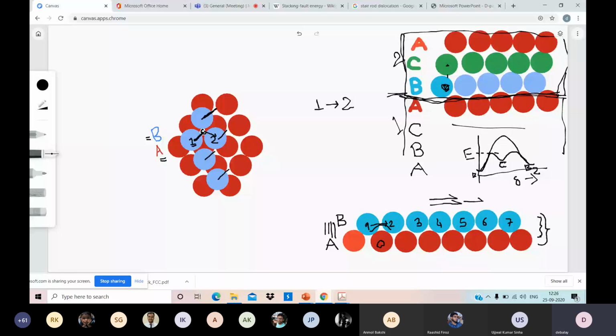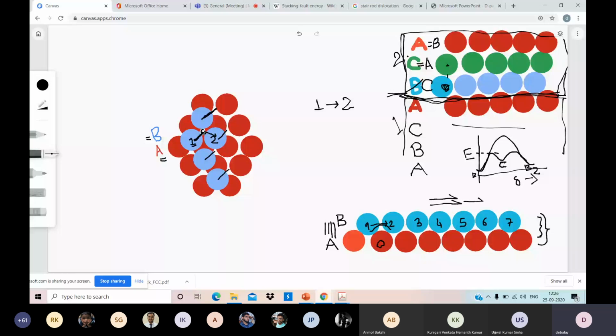Now, if the B position atom moves into C position, where will this C position atom now go? A position. Where will the A position atom now go? B position.